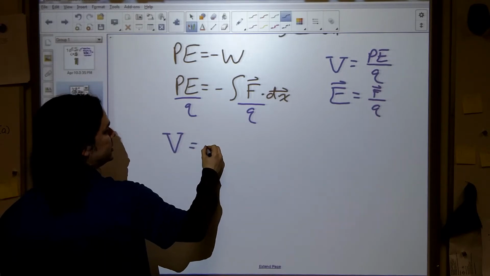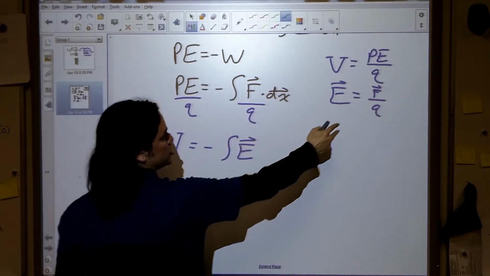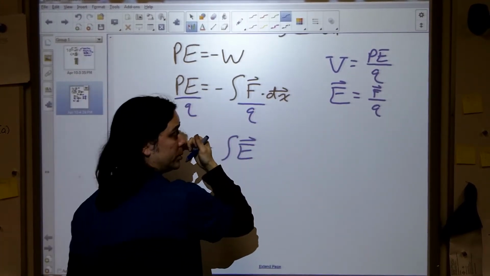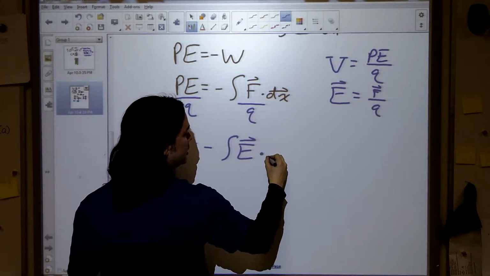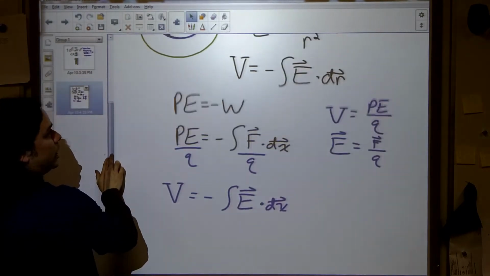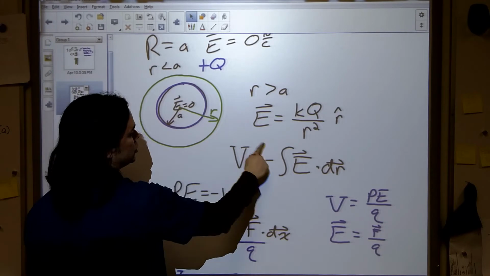My electric potential is equal to negative integral E, force divided by charge, is my electric field. Potential energy, in this case electric potential energy, divided by charge, gives me my potential. Dot dx, or as we're about to use, because we're not looking in the x direction, we're looking in the radial direction, the r direction.